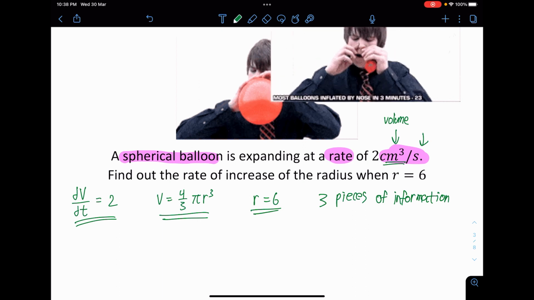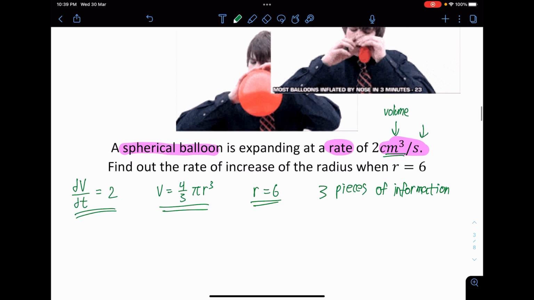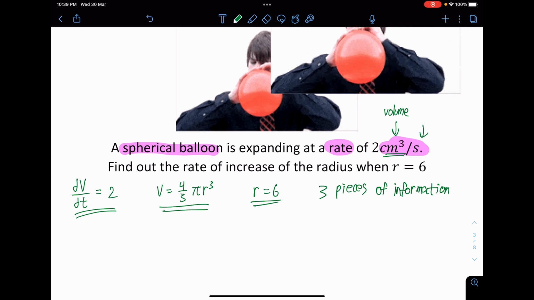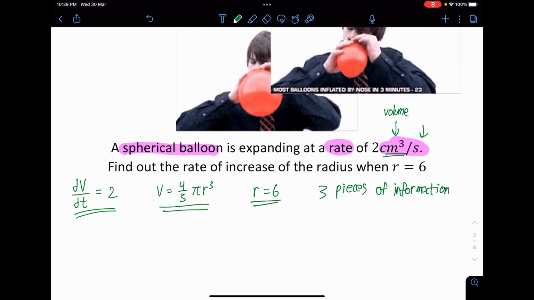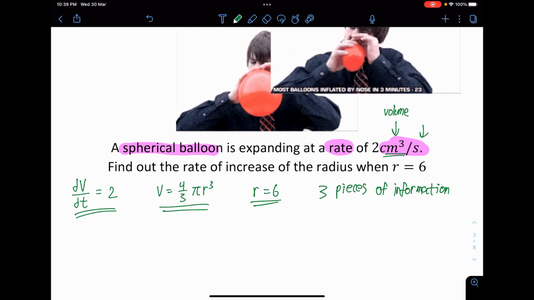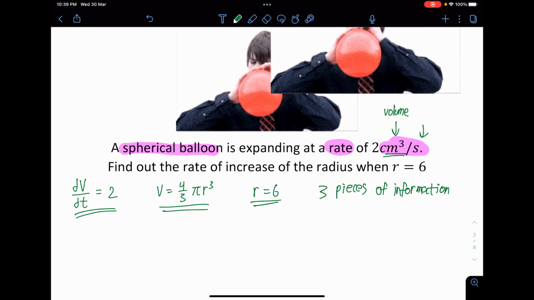So whenever you are doing a rate of change question, try to gather information. Usually there are 3: a rate of change of something, a formula of something, and a value of something. In this case, these are the 3 pieces of information we have gathered so far.